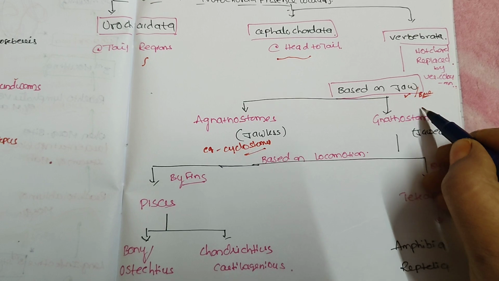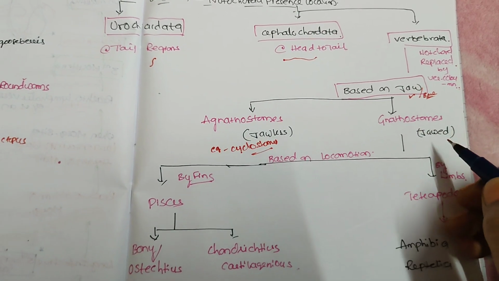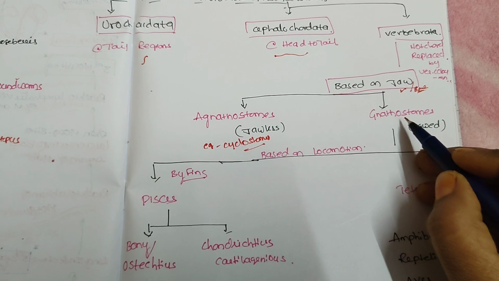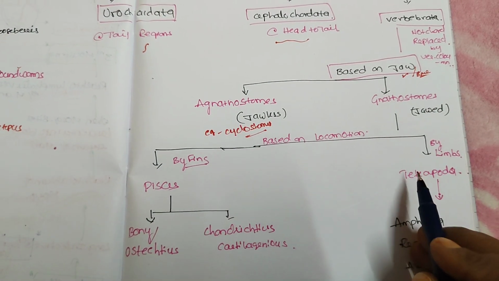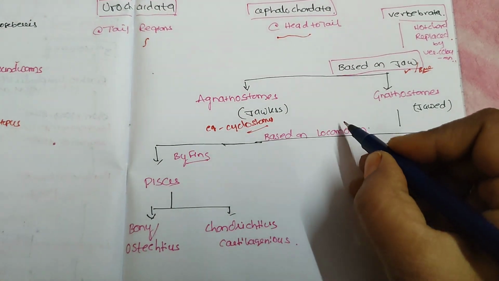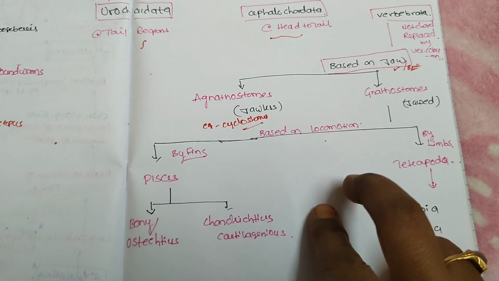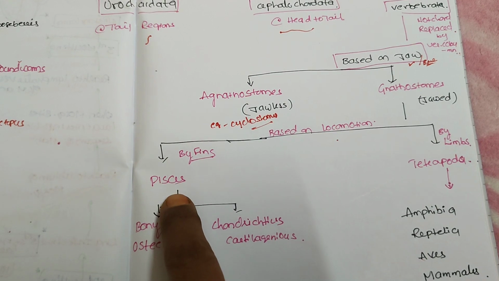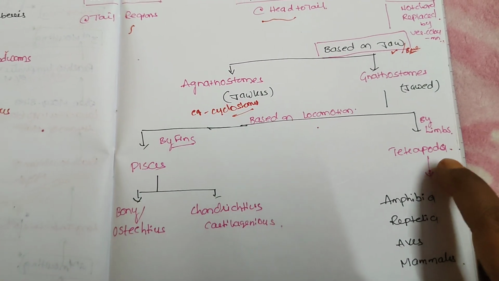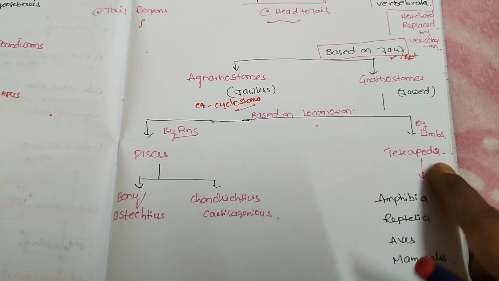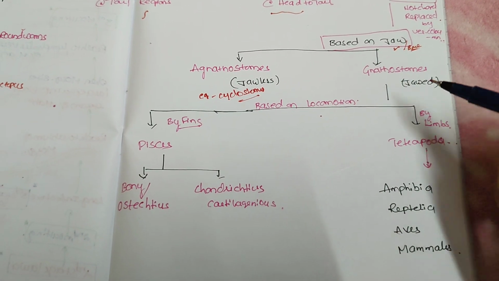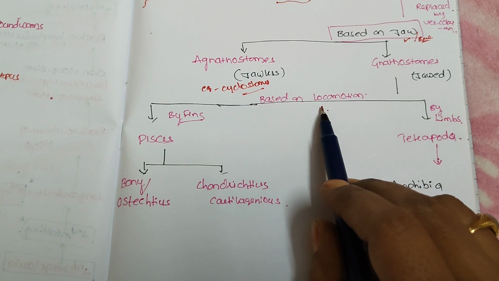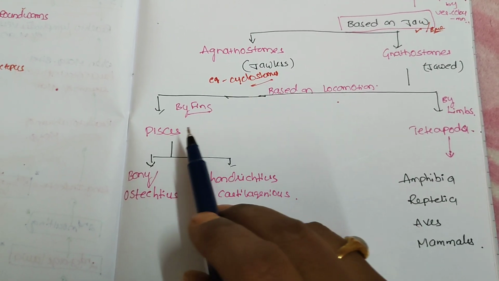If the jaw is absent, it is called Agnatha; A means absent, there is no jaw. Example cyclostomes. If the jaw is present, it is called gnathostomes. These organisms are again divided into 2 based on locomotion, meaning movement. If they move from one place to another by fins, it is called Pisces. If by limbs, it is called Tetrapoda. So gnathostomes are divided into Pisces and Tetrapoda on the basis of locomotion.